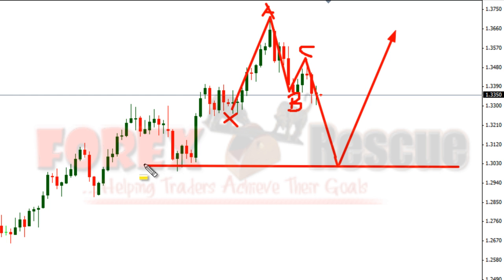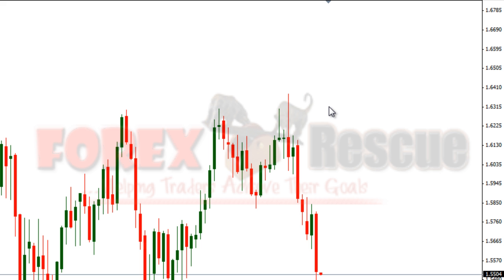Once your take profit is hit and you see a reversal candlestick pattern, that will be an excellent opportunity for you to buy. But as it stands now, our bias is still short.